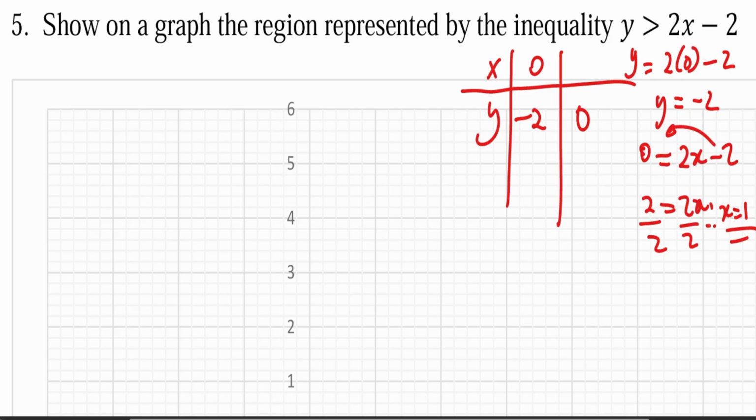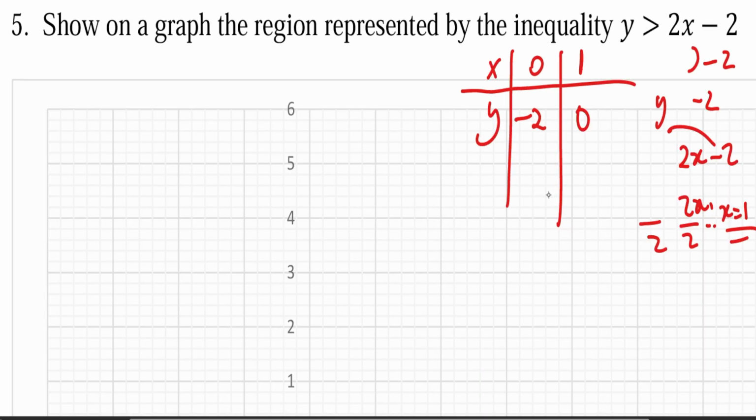But also you can try a lot of them. You can try 0, 1, 2. Let's add 2 to the mix.